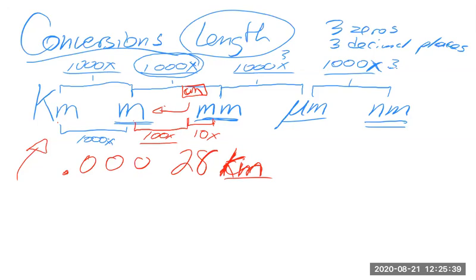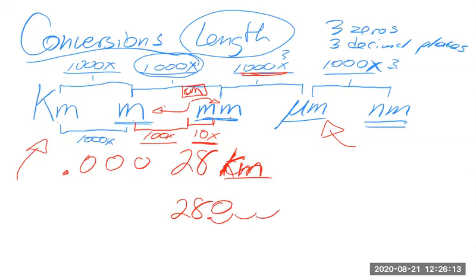All right, let's try it again. 28 centimeters, but this time you want to convert it to micrometers. You want to go here. All right, so you're going to the right this time. So let's get rid of this for now. So your decimal is right here, and you want to go to micrometer. So to go from here to this station, how many zeros was that? We agreed that that was only 1, so you go 1. And that gives you millimeters. And then from millimeter to micrometer, that goes back to 3 zeros.